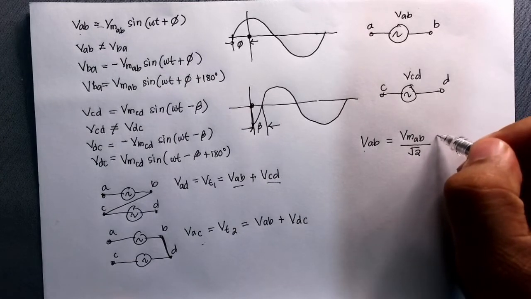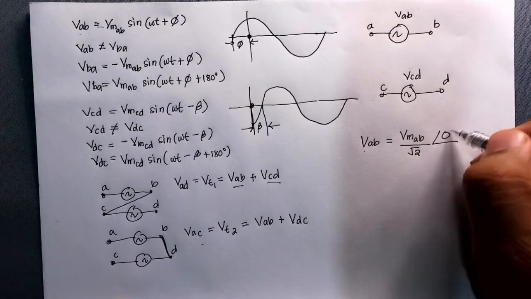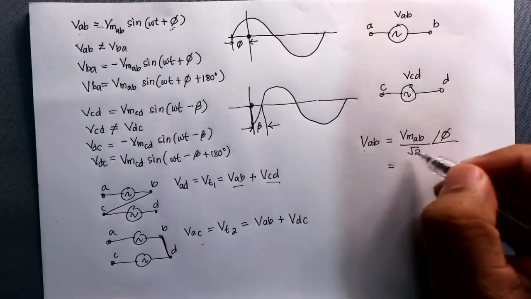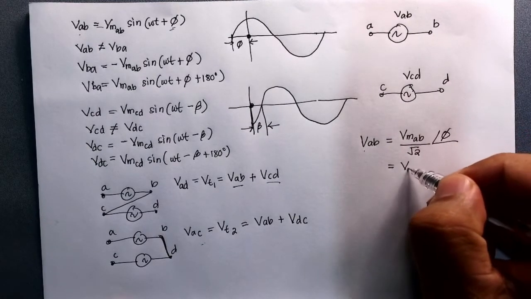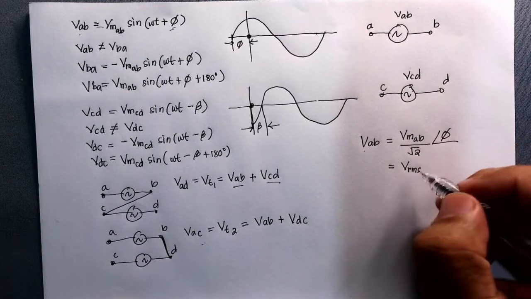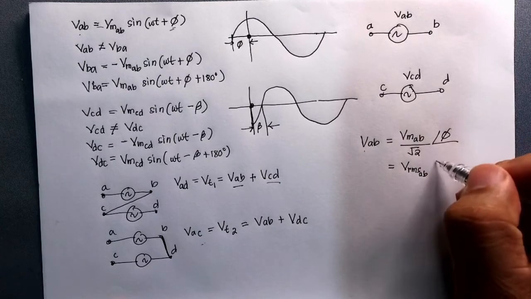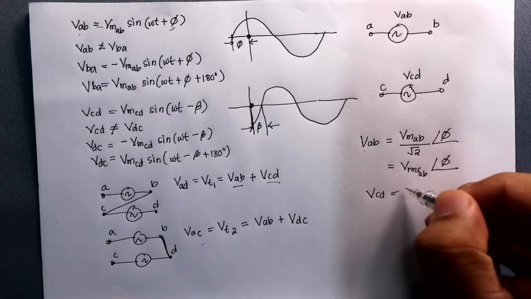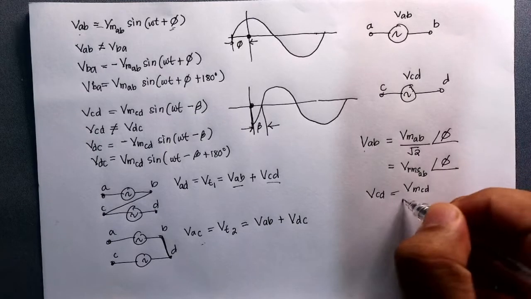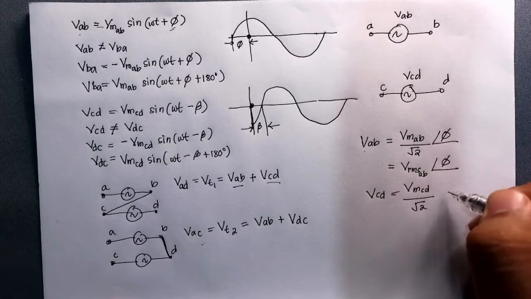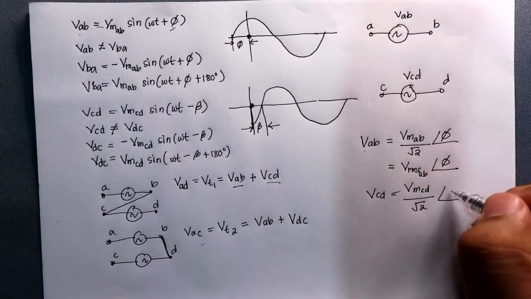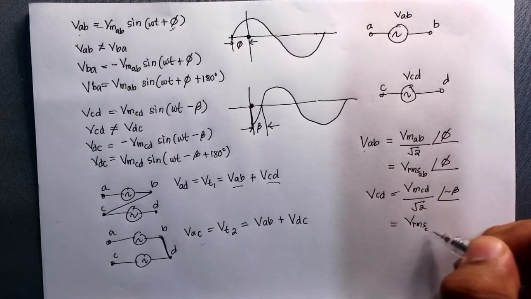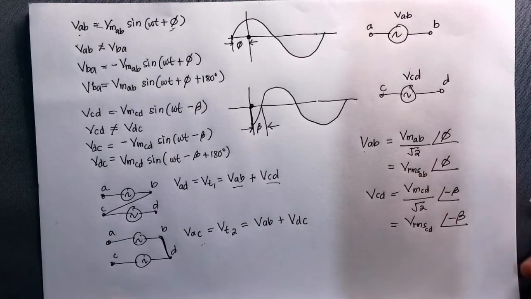So the angle is phi. So we will use this angle. So instead of writing this one, we say V RMS for AB, angle phi. And for V sub CD, again the maximum value of C and D divided by square root of 2, angle of negative beta, or the RMS value of C and D, angle of negative beta.